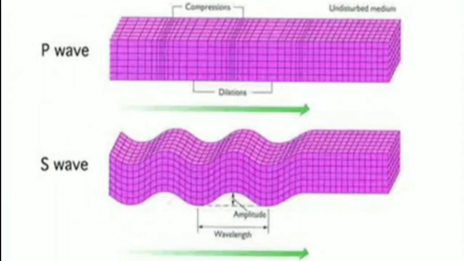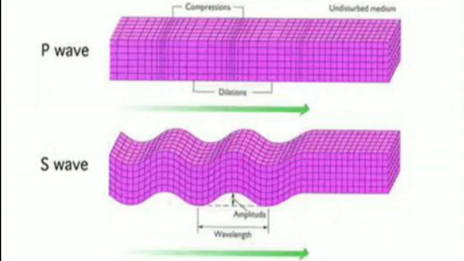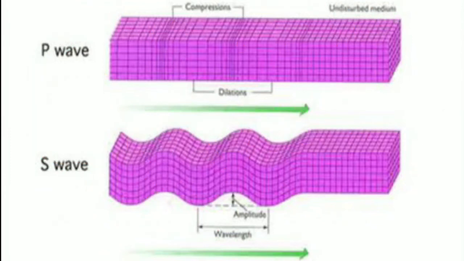Now let us talk about the two waves, P waves and S waves. The P waves can travel through three kinds of materials: solid, liquid and gaseous. Whereas the S waves can only travel through solid materials. As we notice the movement of these waves, the P waves bend as they pass from one layer to another, that is, as they pass from solid to liquid to gas.